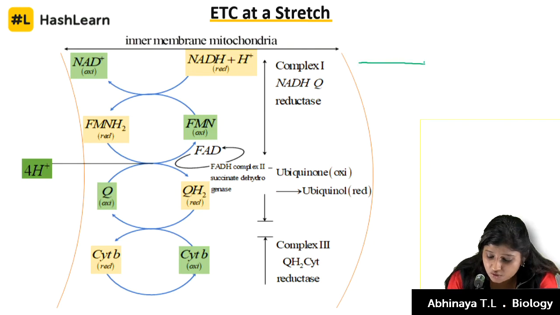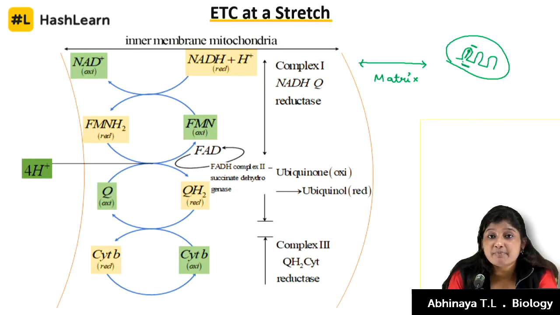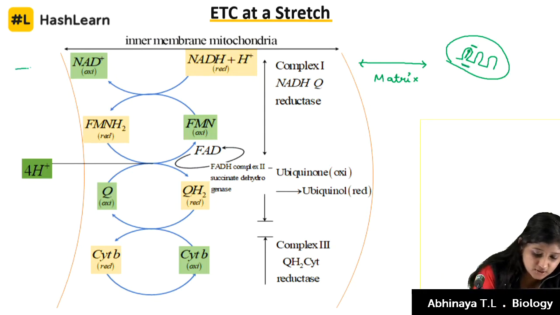This outer part is the matrix of mitochondria. You see that folding, right? Let me just draw it. So this is the inner membrane inside the mitochondria. We have been talking about this position where the ETC, the chain, is here. This is the matrix. This is the intermembranal space.